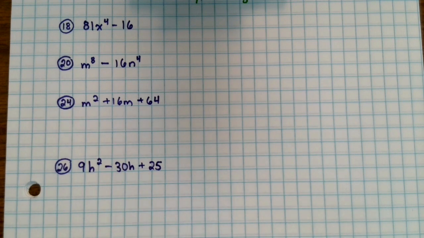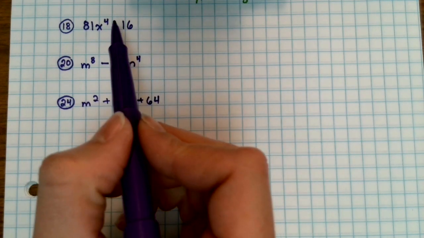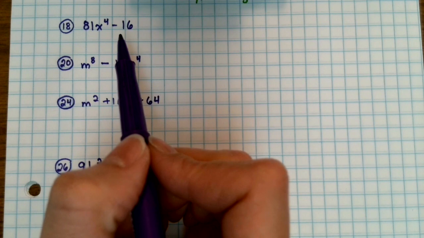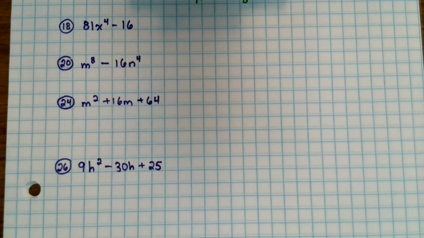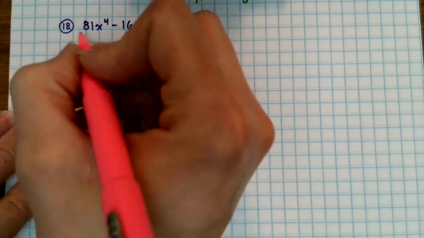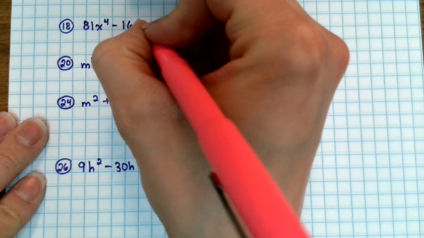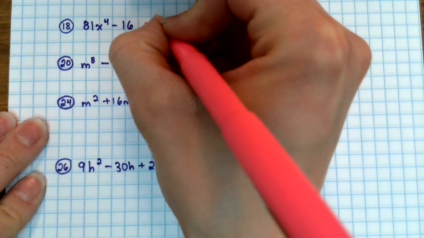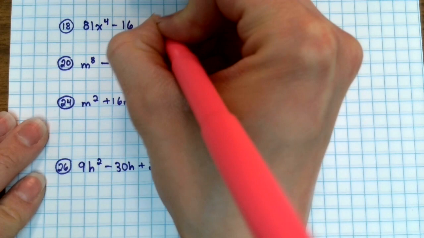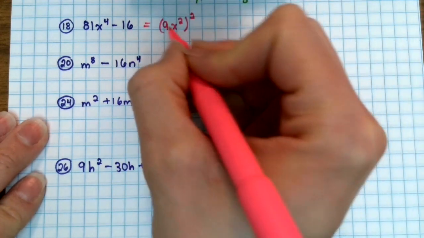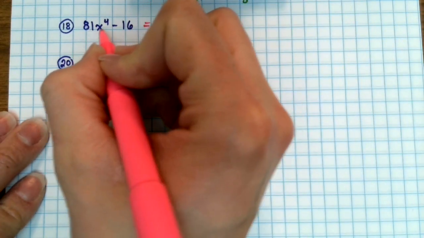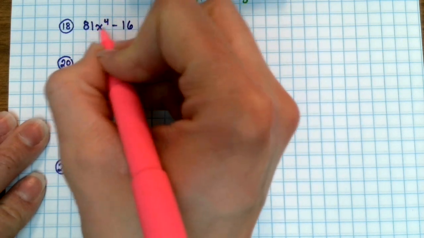Our next example is also going to involve that pattern that we use for difference of two squares and how to factor it. This, again, is not written in a way where we can easily see what the a and b values are. So we can rewrite this. Now, 81x to the fourth breaks down into 9x squared, and all of that is being raised to the second power. So 9 squared would be the 81, x squared squared is x to the fourth.